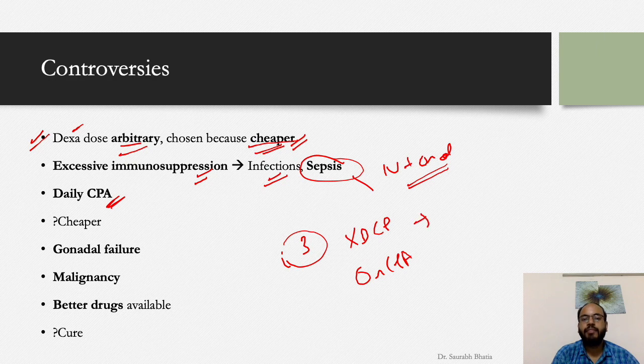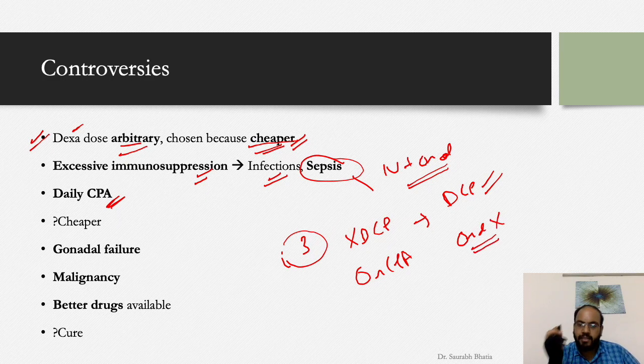But there have been modifications in which DCP is given and the oral drug is stopped. So whether oral drugs should be combined with IV cyclophosphamide remains a controversy. The original protocol does ask for oral and IV cyclophosphamide used together, but it's better to avoid oral drugs so that we may have fewer dose related side effects of cyclophosphamide.